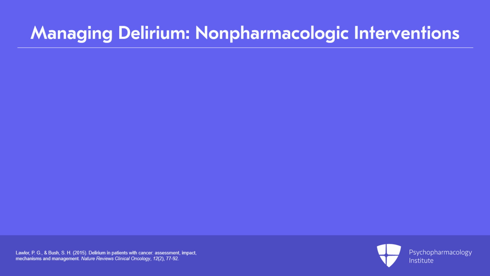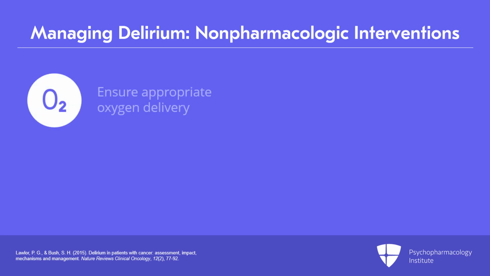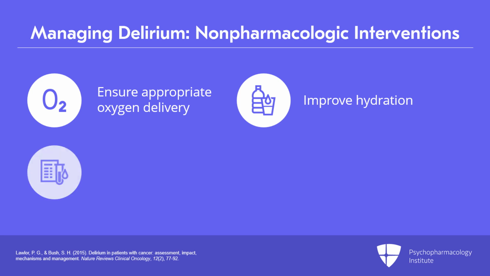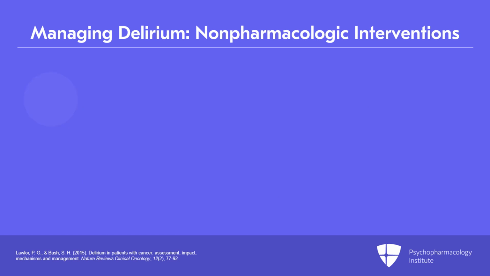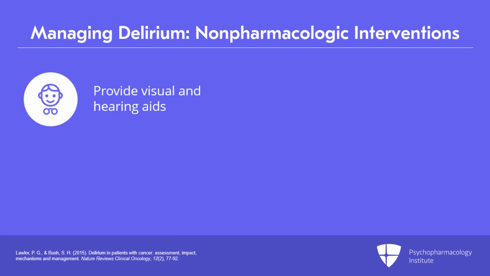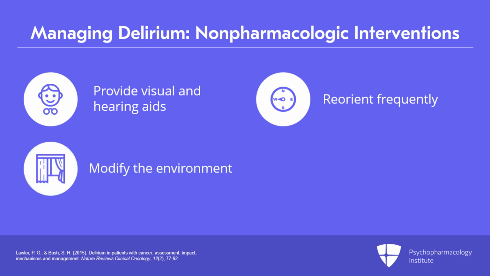Nonpharmacological intervention is very important in preventing and managing delirium, such as making sure that the patient has appropriate oxygen delivery, that they're hydrated, that we correct the electrolytes, that their bowel and bladder function is appropriately attended to, that they have their visual and hearing aids, that we reorient them frequently, that we modify their environment as much as we can.